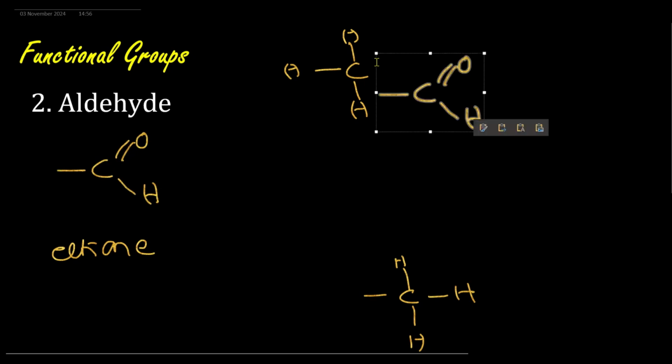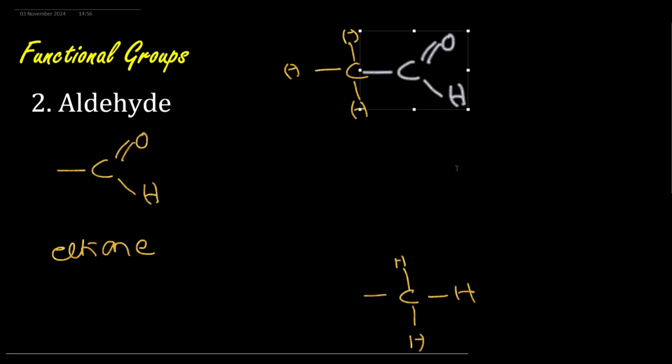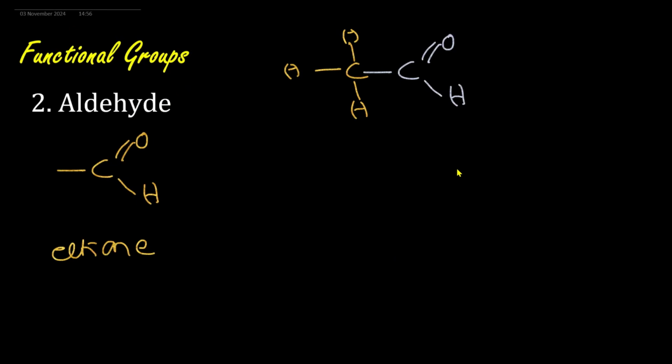Now, if I attach this over here, you can see many things are going to change. First, I'm going to change its molecular formula. The new molecular formula you should write as CH3CHO. As I said, aldehyde is written as CHO, right?